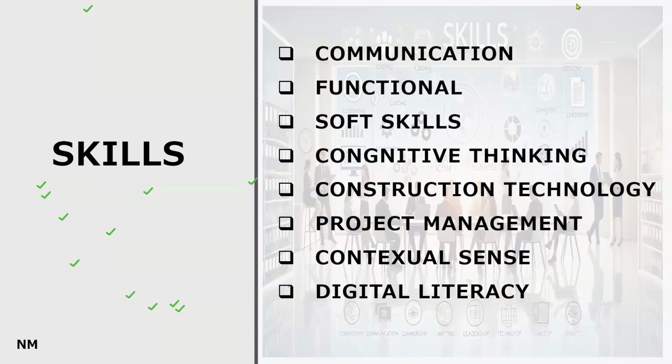Being a better communicator is not going to work if you are not good at functional skills. Having a good skill of interpretation, or functional skills, is not going to be effective without proper communication. Because communication is very important. We have to transfer what we intend to the other party. Then only you can get a better or more relevant response from the other party. So these two skills are very important in the practice of contracts management.